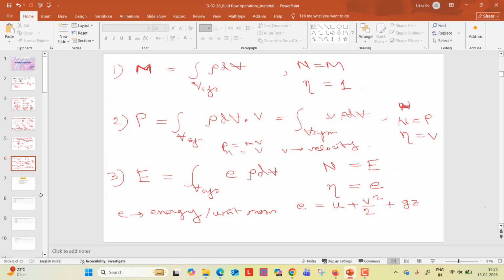Units are coming same. It is energy per unit mass. It is m per second square into m, so it is also meter square per second square, right? So this is your energy per unit mass. Okay.